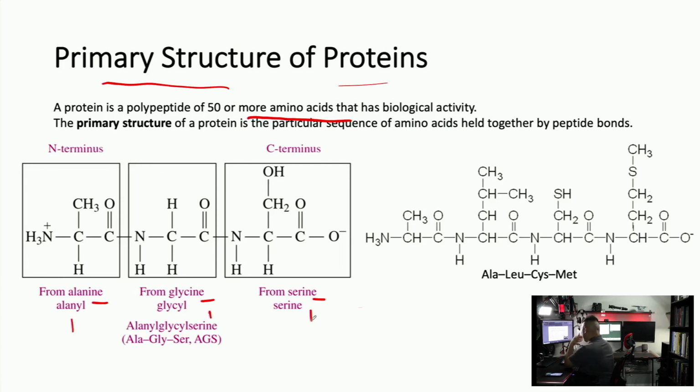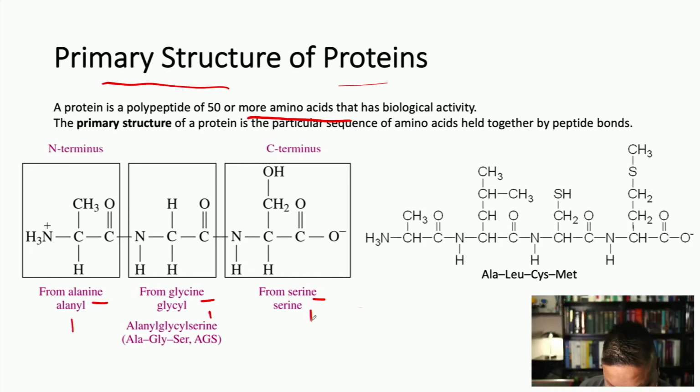Here's another amino acid sequence that's also known as the primary structure, right? The primary structure of this peptide is alanine, and we know that because of the methyl group right there. Leucine, we know that because of this alkyl group right here. Then cysteine, SH right there with the CH2.